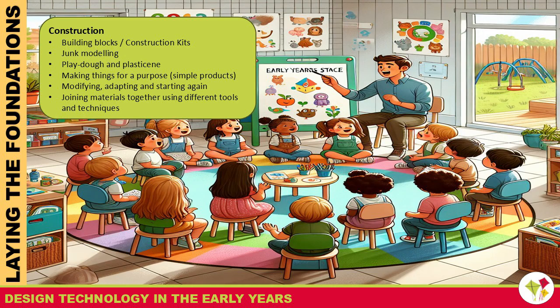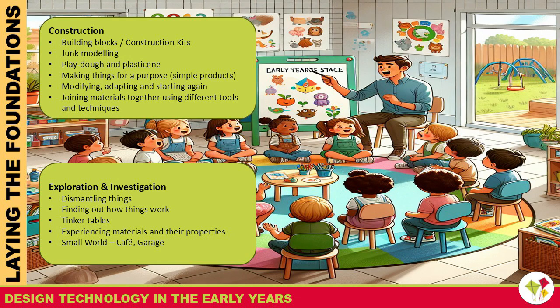And this also provides an opportunity to develop their problem-solving skills. In all these construction activities, children should be encouraged to make things for a purpose and to build, evaluate and refine and improve their creations before developing the idea of changing things as they construct them.